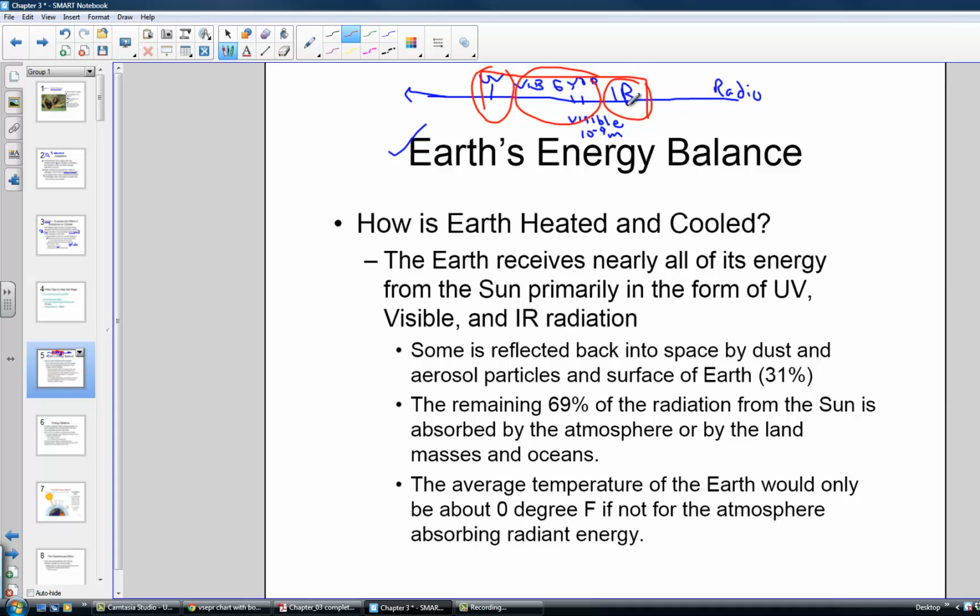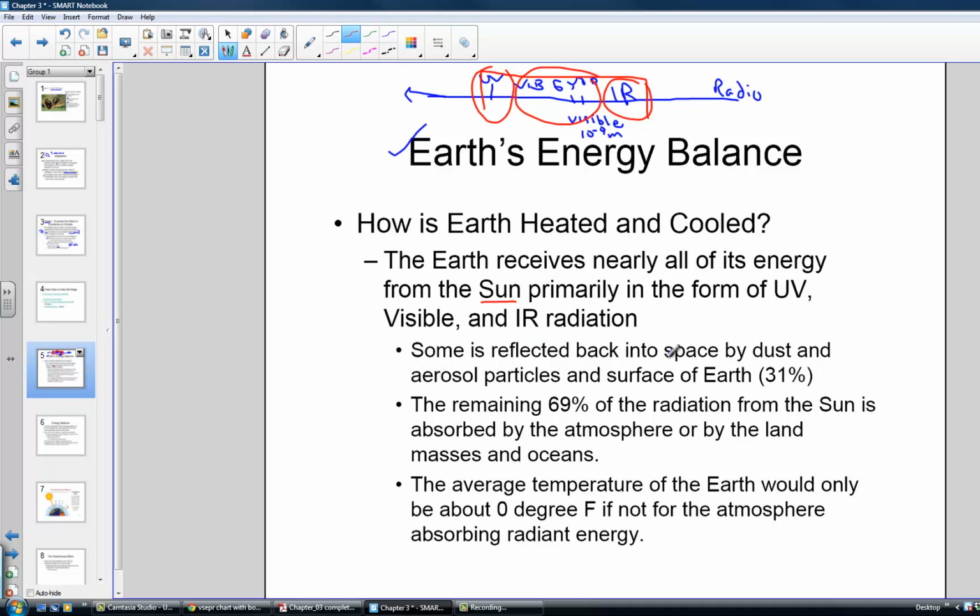Infrared radiation, which is less energetic, does reach the Earth's surface and helps to keep an environmental climate suitable for life on Earth. So the Sun primarily in the form of UV, which is ultraviolet, very high energy, the visible spectrum, which is in the middle of the road, and the infrared radiation, which is of low energy, all comes to us from the Sun. The ultimate source of all energy reaching the Earth is from the Sun.